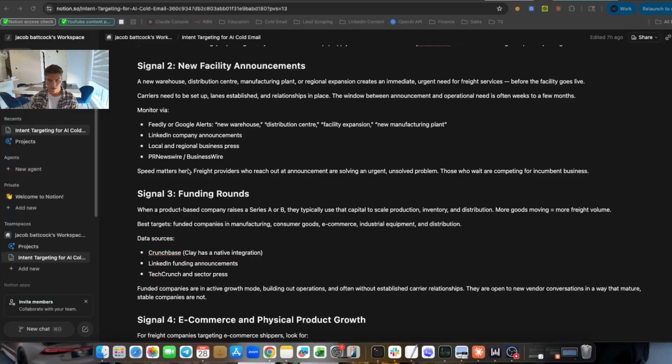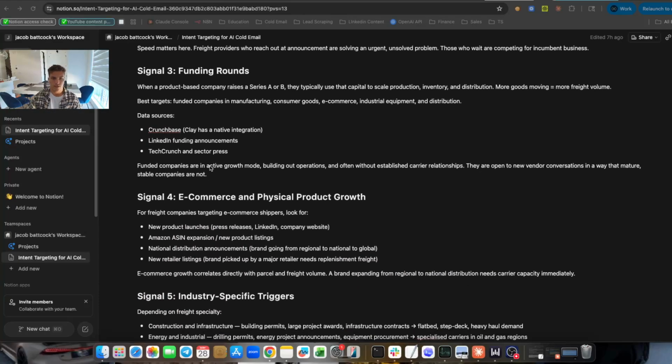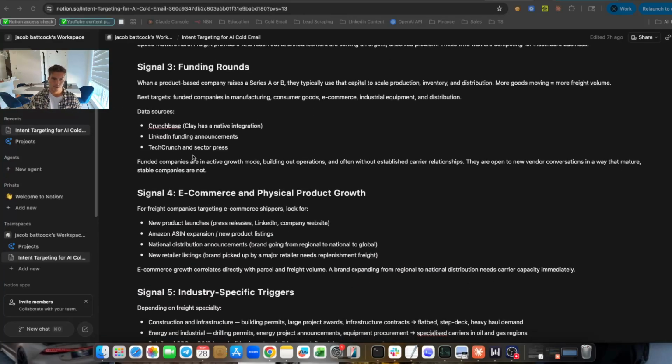If you wait any longer than that, until maybe 6 months down the road, the reality is you're going to be competing for incumbent business by that time. Another example here is funding rounds. Any kind of product-based company raises money, increases their capital through maybe a Series A or a Series B. That capital is typically put towards scaling production, inventory, distribution, or of course, hiring.